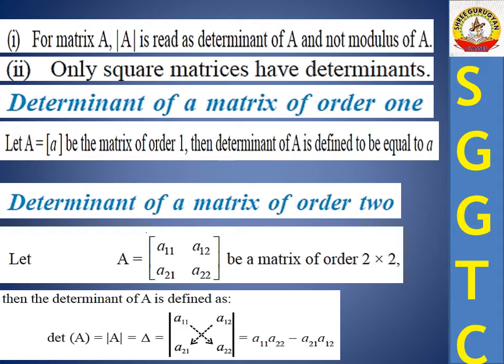A11, A12, A21 and A22 are arranged in cross portions. The first cross portion is called the principal diagonal, the product A11 times A22, and the second cross portion is A21 and A12, multiplied, with a minus sign between them. So it is a simple formula: principal diagonal minus secondary diagonal. That solution gives the value of a two order determinant.